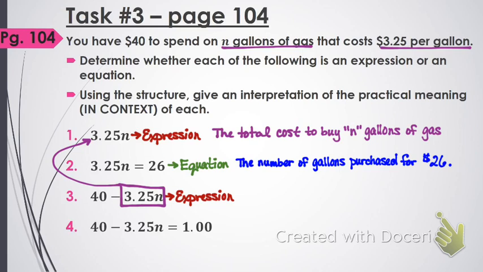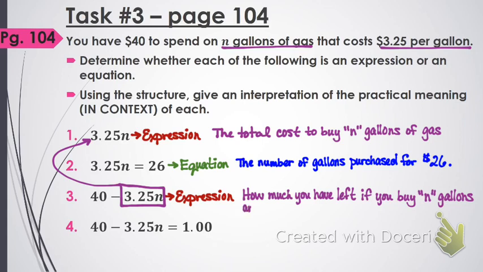So this would be how much you have left if you buy N gallons and started with $40.